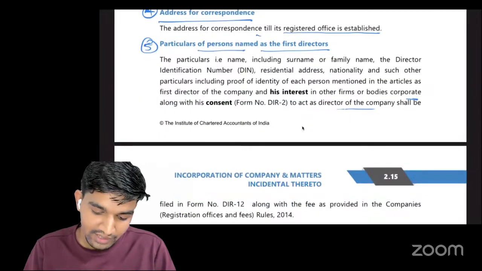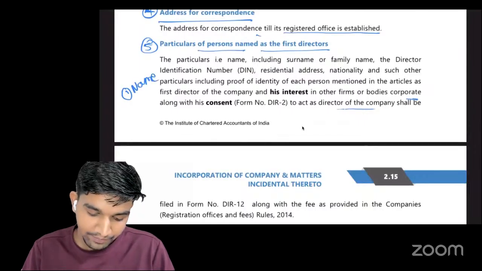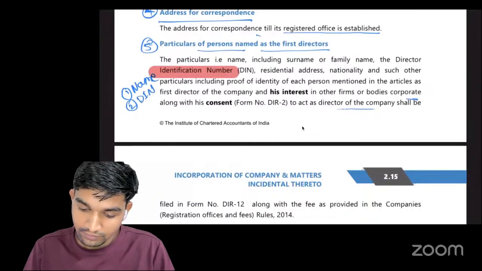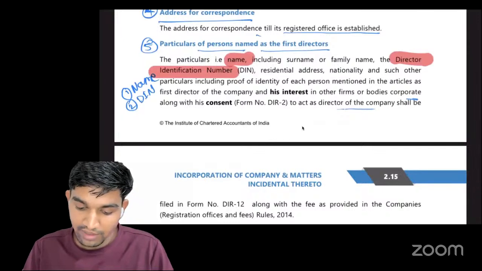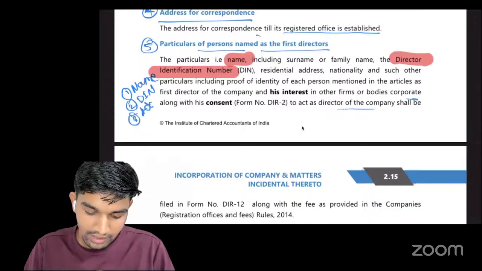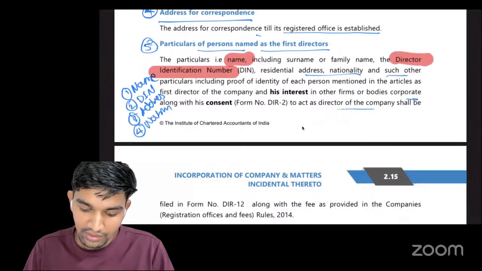First is his name, including surname, family name. Then the director identification number, address and nationality, and such other particulars, including proof of identity.